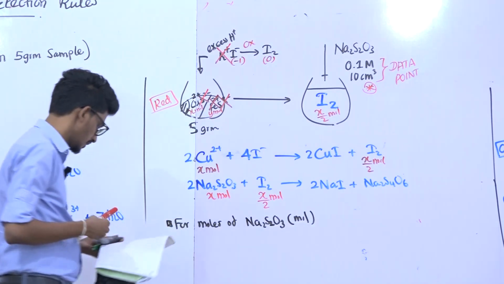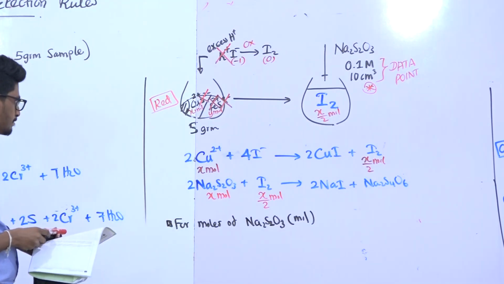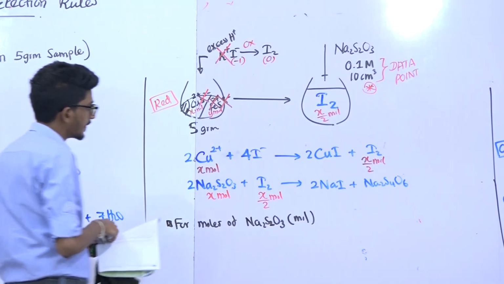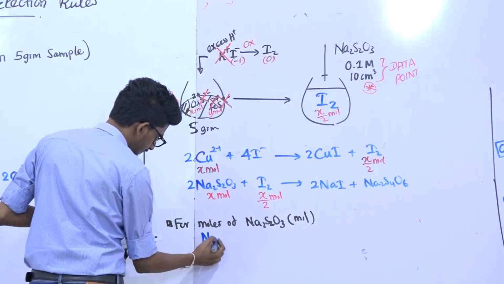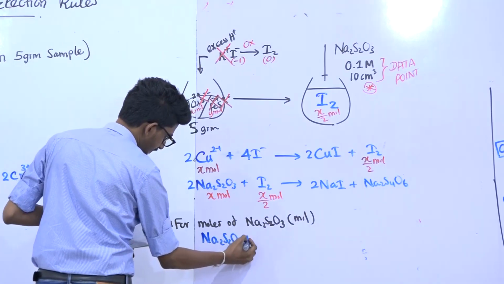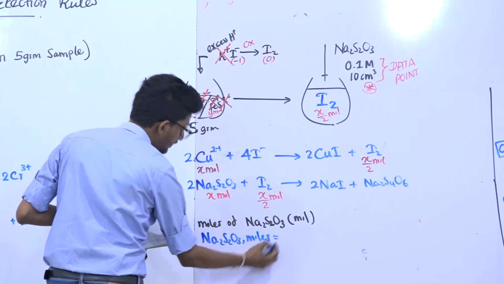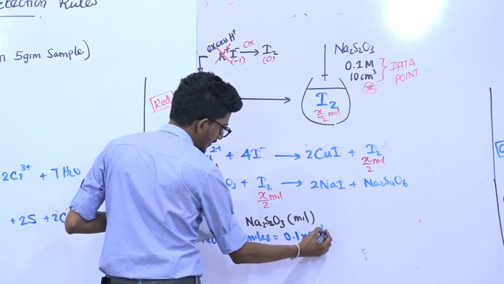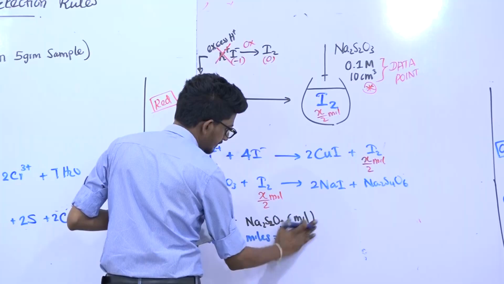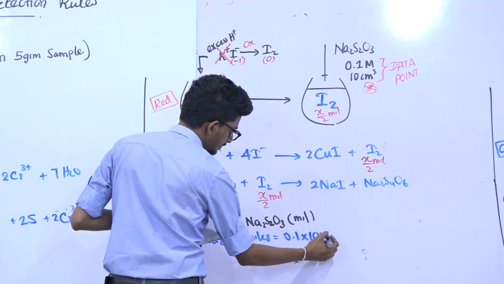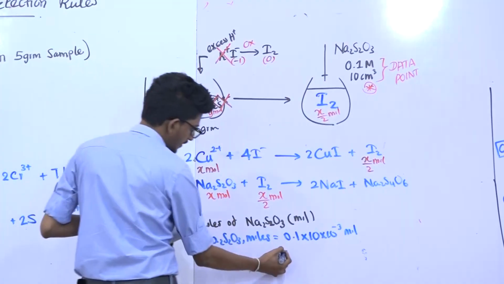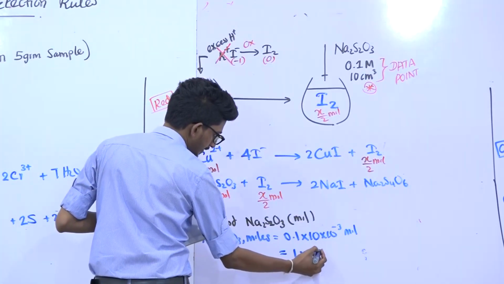Okay. So let's come up with the numbers. This is just 0.1 mole into 10 cubic centimeters, right? This is just 1 into the power minus 3 moles.